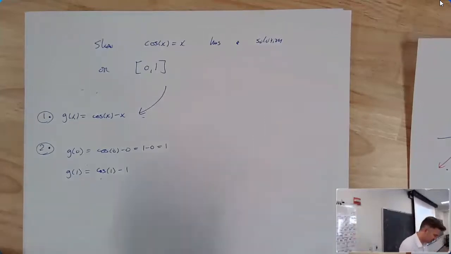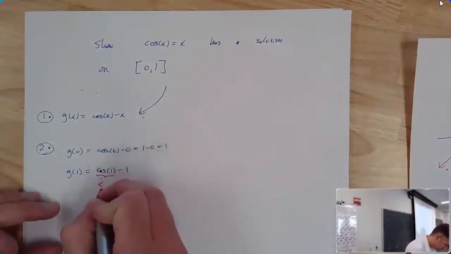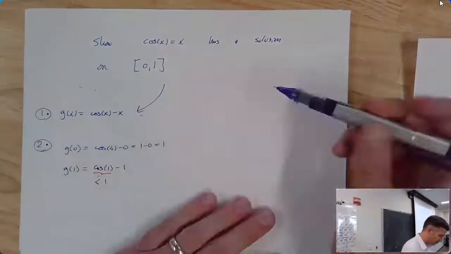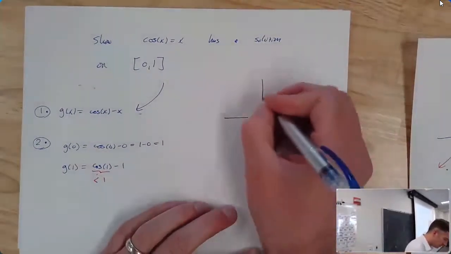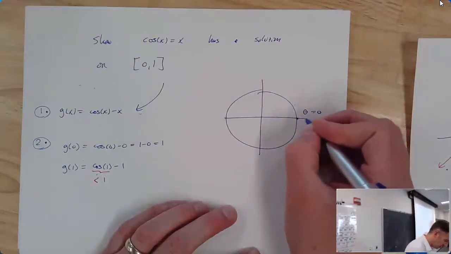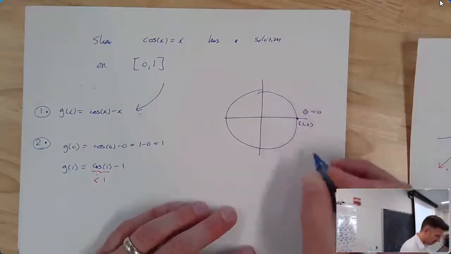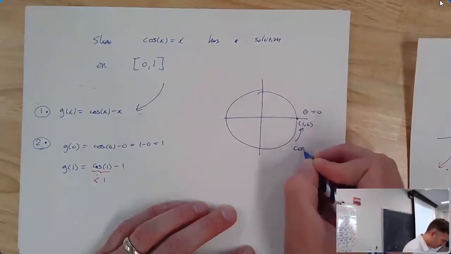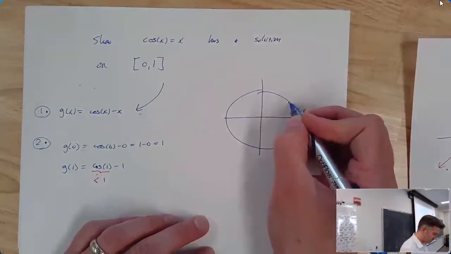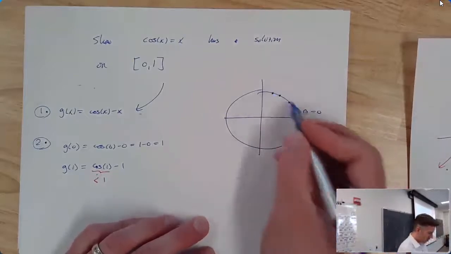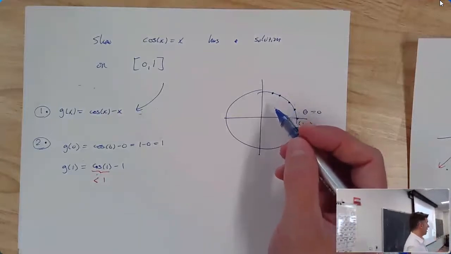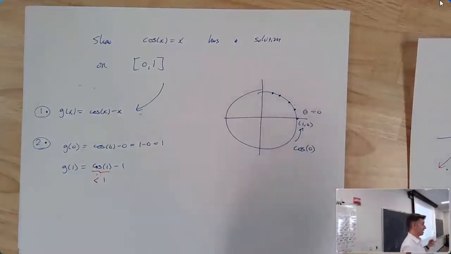So this is strictly less than 1. Here, let me show you what I'm saying, just to make sure everyone's on board here. Unit circle. Right here, theta is 0. The point's 1, 0. There's cosine of 0. And as you go around the unit circle, oh, look, my x value is smaller. So all these points here, whatever the angle is, cosine is less than 1 because the x coordinate is less than 1.